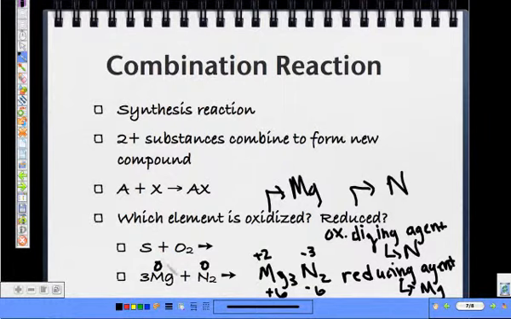The zeros, because they're in their free elemental form. When they're by themselves, not bonded to anything else, they're always 0. Any atom is 0.